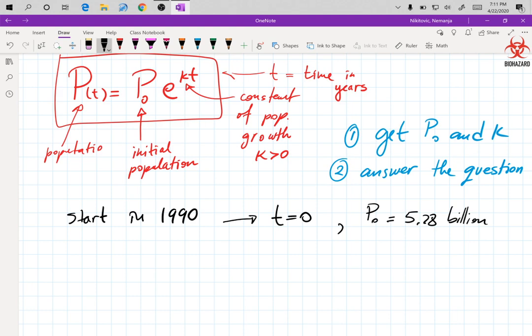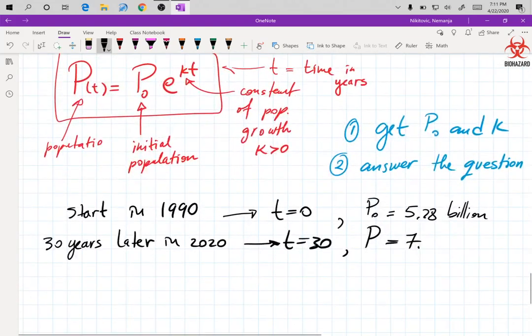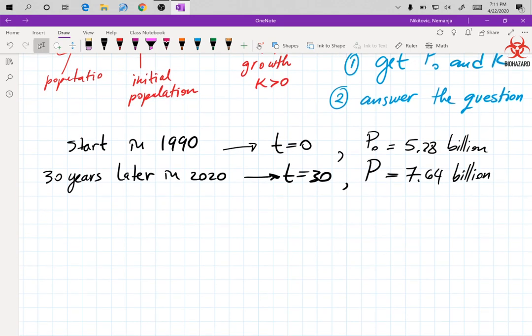And then I will say 30 years later, in 2020, when t is 30, we have the population to be 7.64 billion. So what I have here is enough information to calculate k.